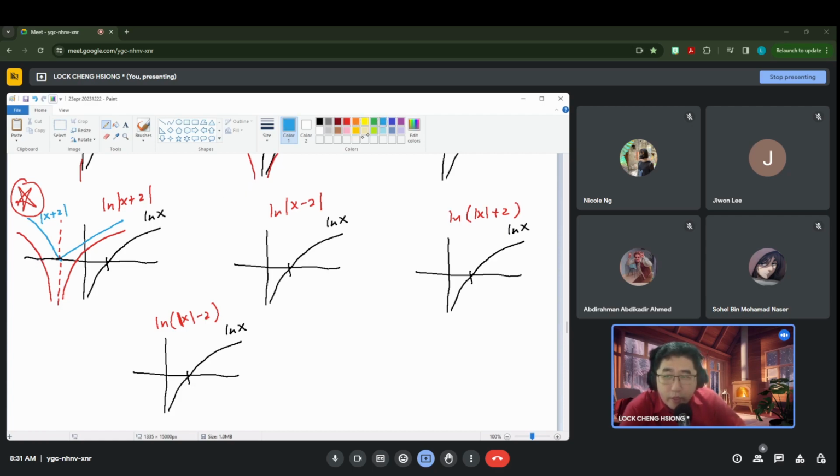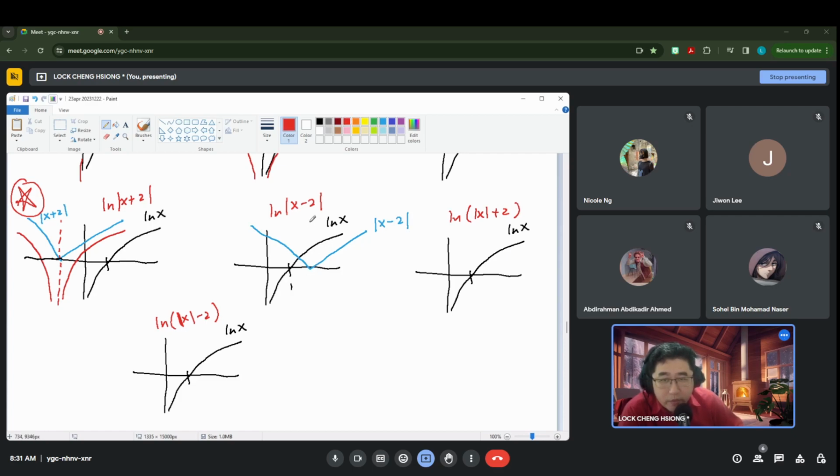What if I have ln of modulus of x minus 2? This is one. Okay, minus 2. So I draw the blue part, modulus of x minus 2, first. So the graph actually looks like this. Okay, so this is modulus of x minus 2.